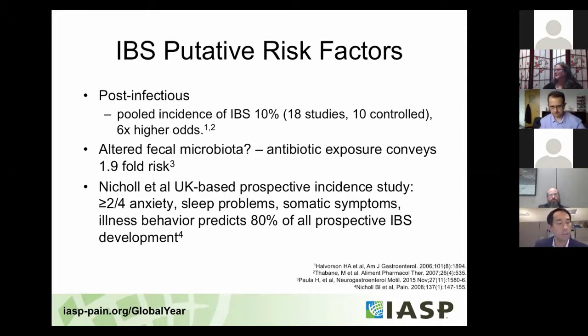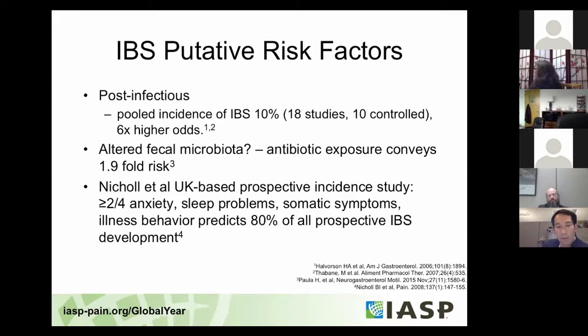And there's obviously a significant interest as well in issues related to the underlying gut microbiome, such that studies done in Olmsted County, Minnesota, recent exposure, antibiotic exposure seems to increase your probability of getting irritable bowel syndrome, also about 2-fold. It's also important to know that, like the other chronic overlapping pain conditions, that there's a lot of other factors in the biopsychosocial model that are implicated that clinicians probably need to do a better job of addressing.